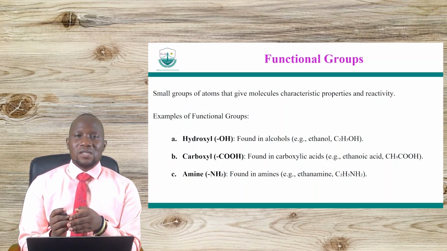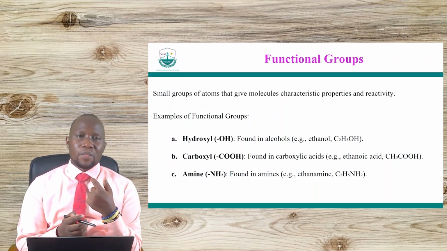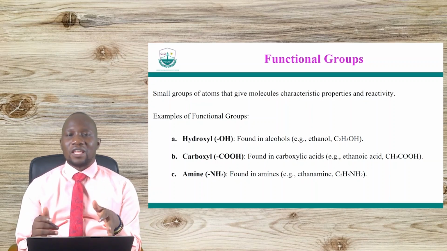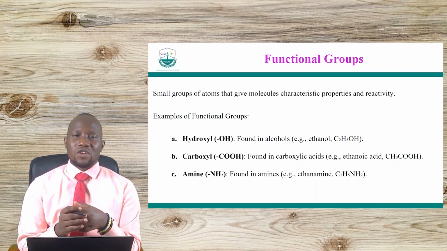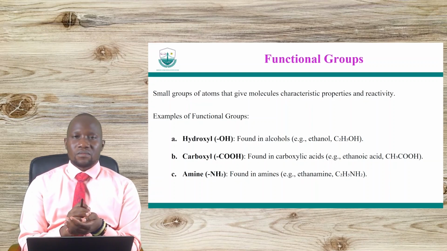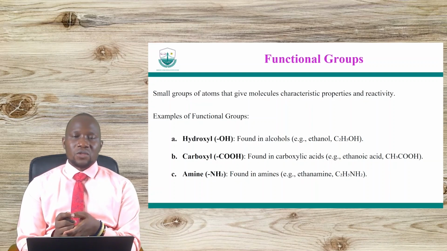If I'm to refer to it as a human, it's the brain. The brain controls everything that happens in a human body, right? So the nature of the functional group is the one that will determine the chemical characteristics of the organic compound.